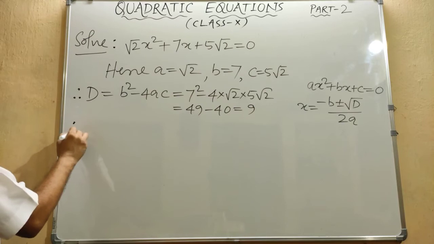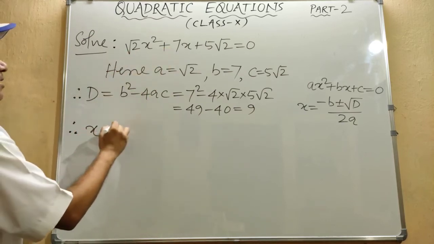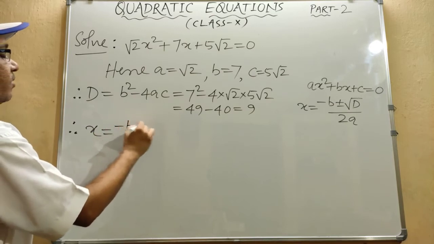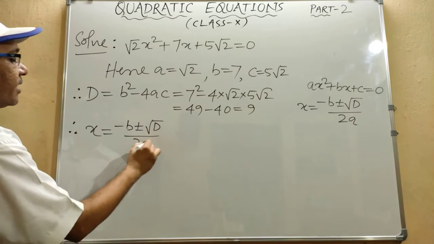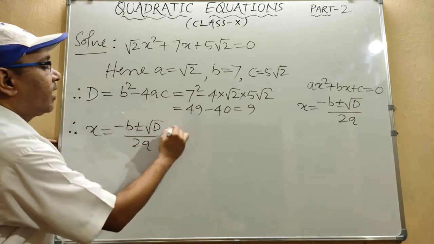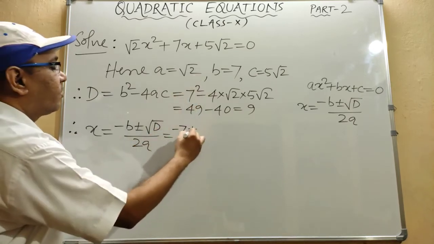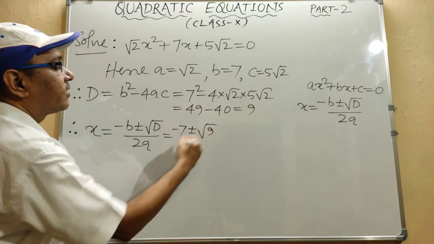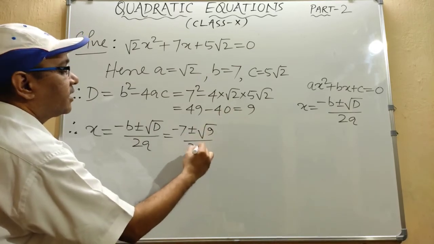So roots of the equation means x is minus b plus minus root d by 2a. These are the two roots of the quadratic equation. Minus b, what is your b? 7. Plus minus root d, d means 9, by 2a, a means here root 2.